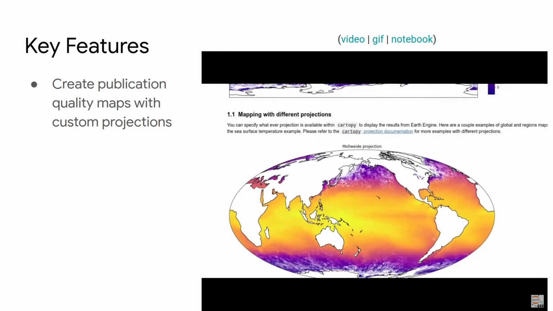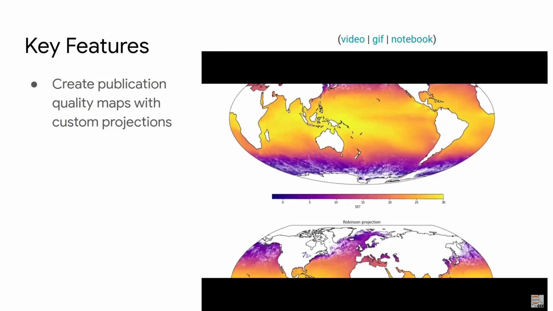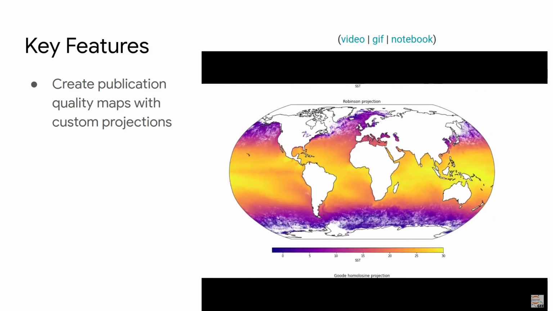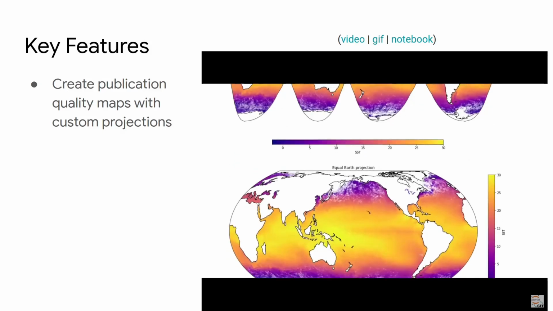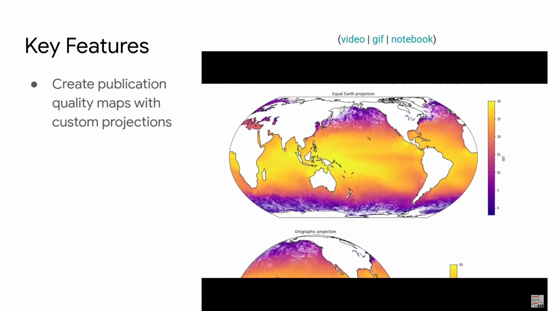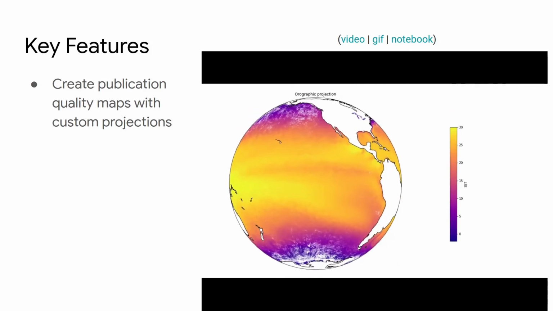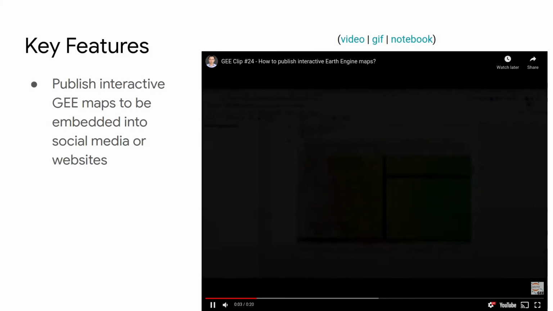But actually, geemap also has some functionality that allows you to create maps. That's something like this, a nice looking map. This is global scale, but you can also do it for a smaller scale or continental scale. And as long as you have the data, you can pull the data out and then create a map like this very easily. And I also have the full tutorial. You can check out the tutorial.